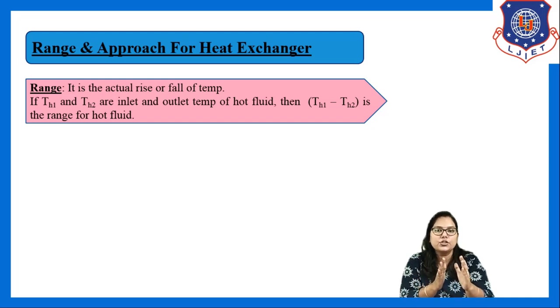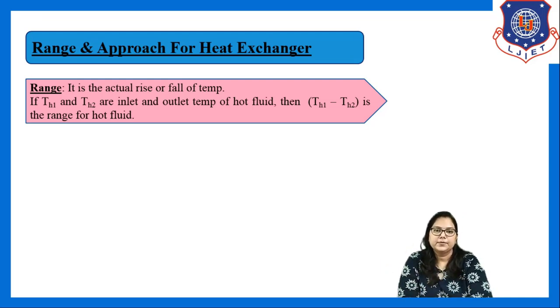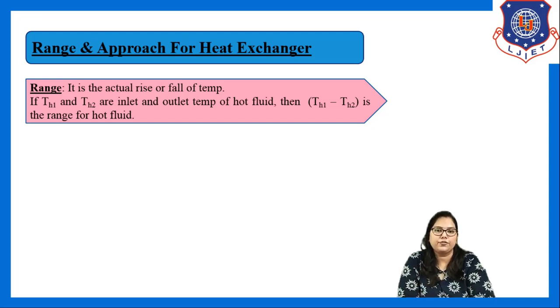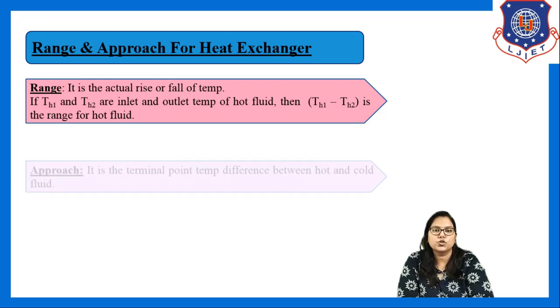TH1 minus TH2 is the range for the hot fluid. That is just the temperature difference of that particular fluid. But what is approach?